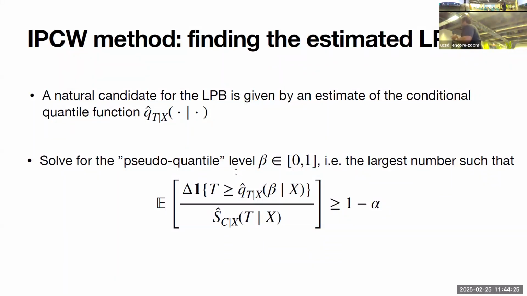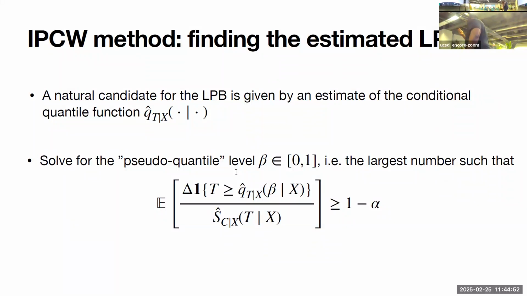What's interesting is I'm no longer relying on being able to estimate the conditional quantile of t given x well. If I were relying on that, this beta would have to be 1 minus alpha. I'm saying, actually, I'm going to estimate q hat t given x, but I'm going to find the beta such that marginally the quantile is 1 minus alpha.